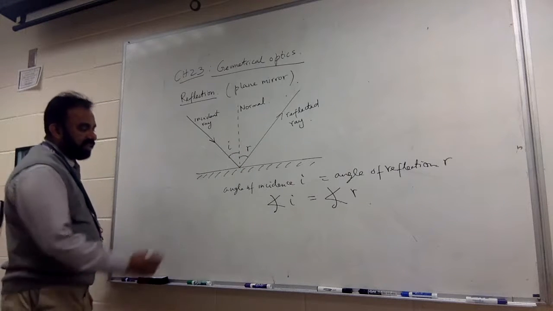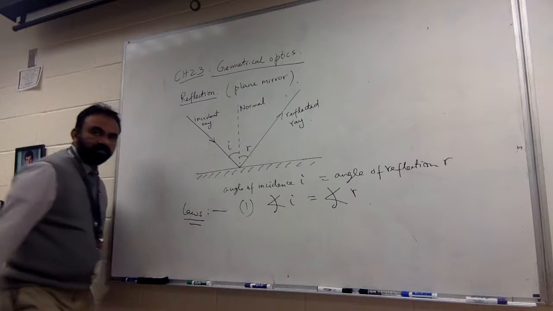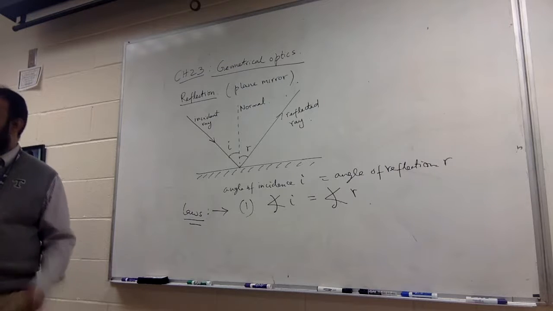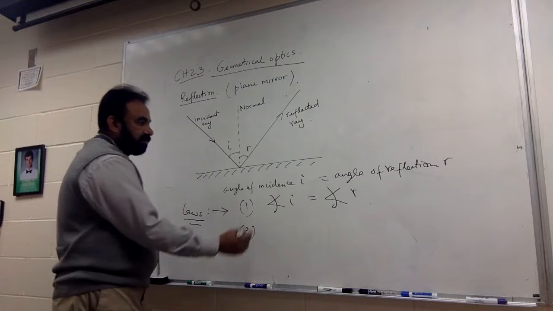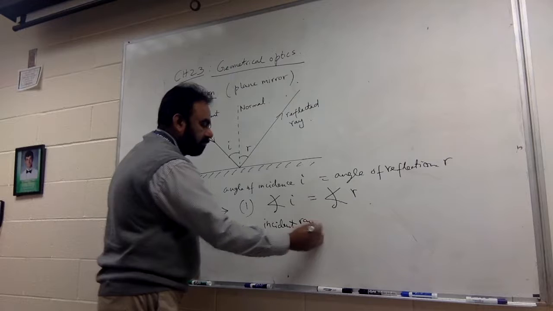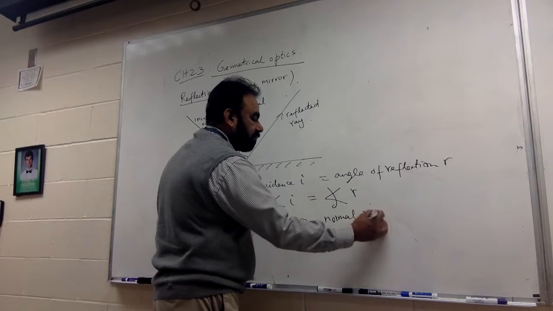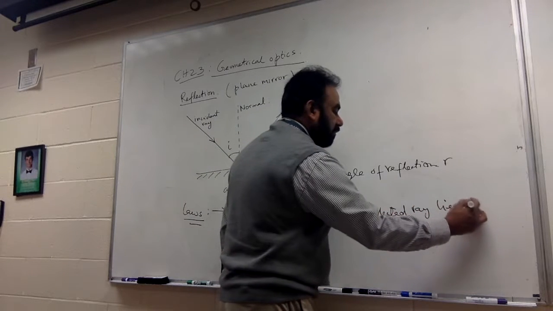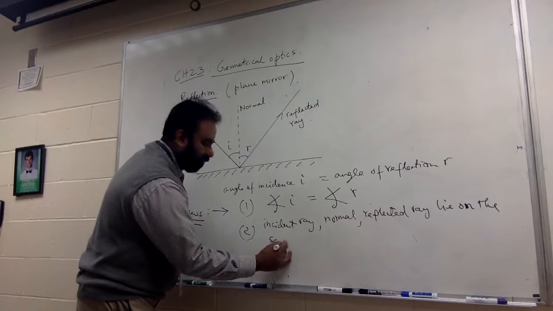These are the laws of reflection. This is the first law of reflection: the angle of incidence is equal to the angle of reflection. And the second says the incident ray, normal, and reflected ray lie on the same plane.